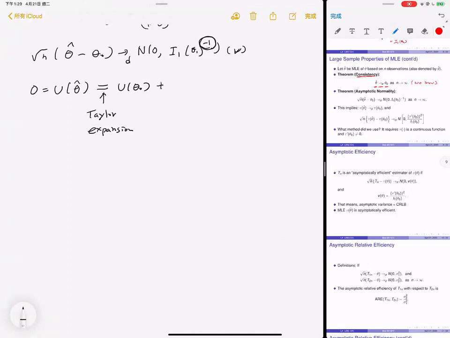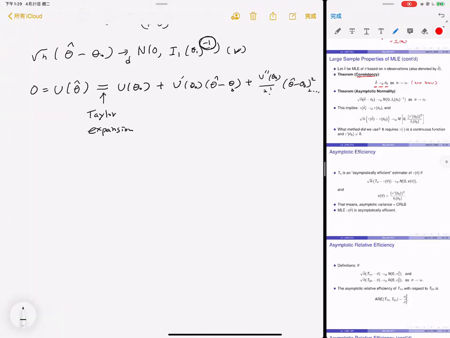By definition, I take the first derivative of the U function, times (theta hat minus theta 0). And you could keep writing about the second derivative, then divided by 2, times (theta hat minus theta 0) squared. Okay, and then dot dot dot, right?